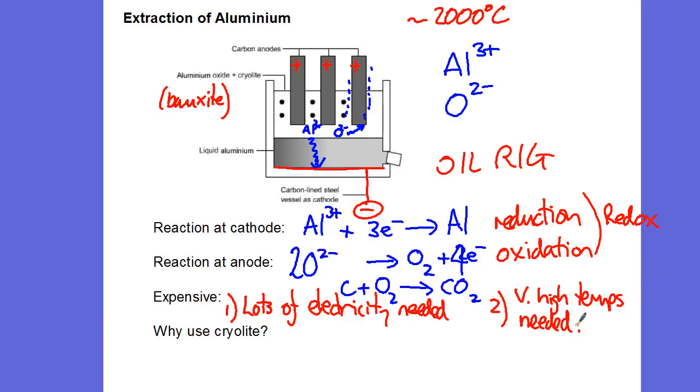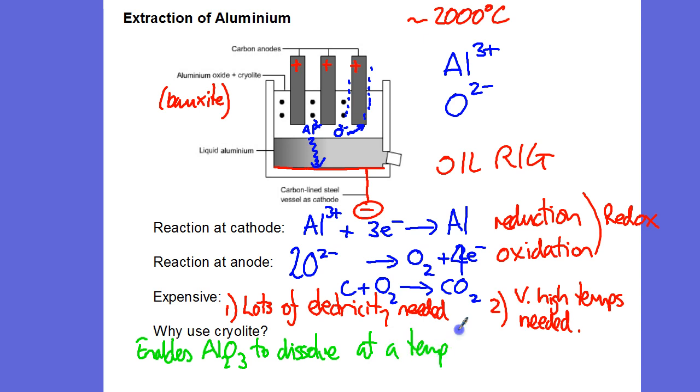Another favoured question from examiners is, why is cryolite needed in this process? And the reason cryolite is needed in this process, let's choose a different colour, let's have some green, I covered about 3 or 4 minutes ago. The cryolite is needed because it enables the aluminium oxide to dissolve at a temperature lower than its melting point.